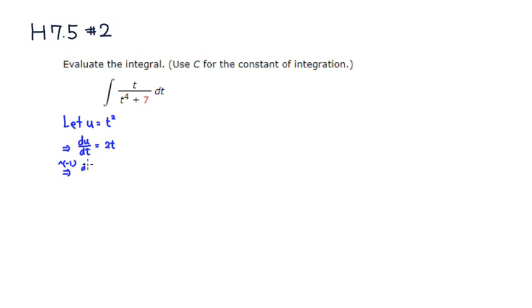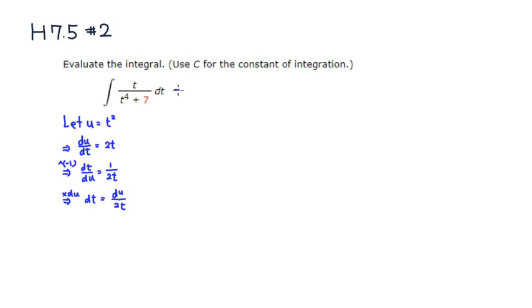So you have dt over du is equal to 1 over 2t. Then we can just multiply through by du, so we have an expression for dt is equal to du over 2t.